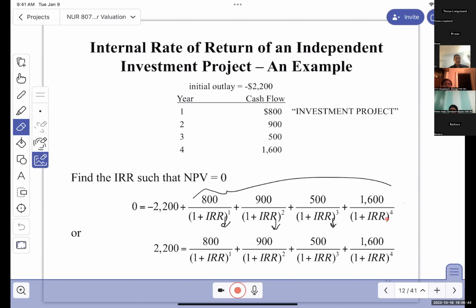Let's just say, what if IRR was 0? If I made this all 0 here, you just add them together and you get a positive, so this is not going to be 0. What's the net if I add all those together? It would be a positive.